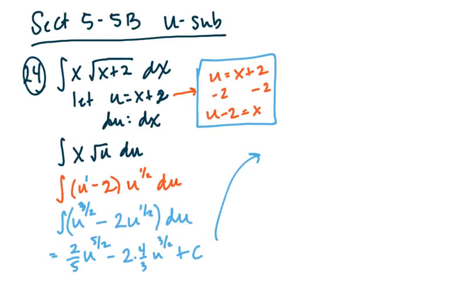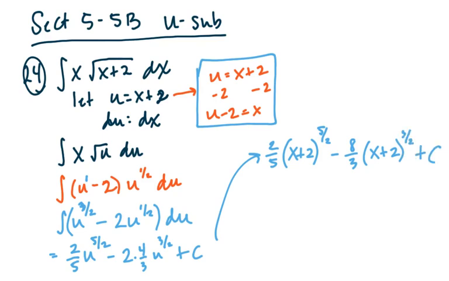So we can say 2/5, and then u is x plus 2 to the 5/2, minus 2 times 4 is 8 over 3 times x plus 2 to the 3/2 plus c.